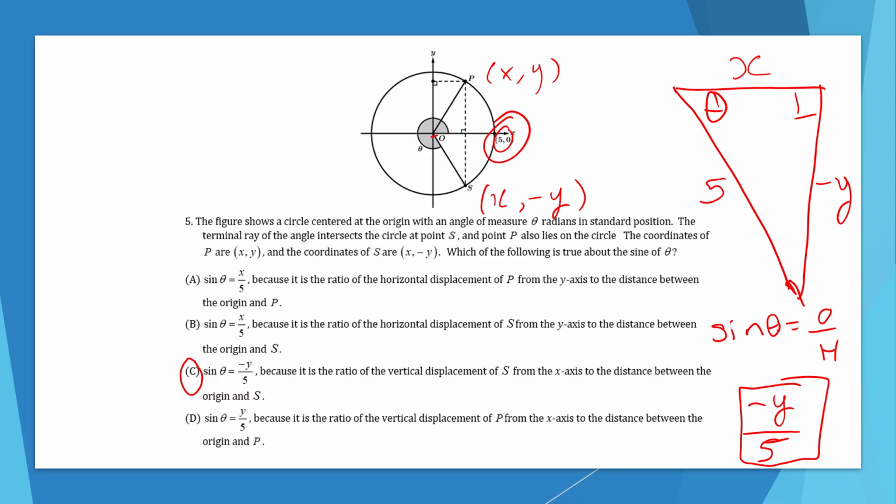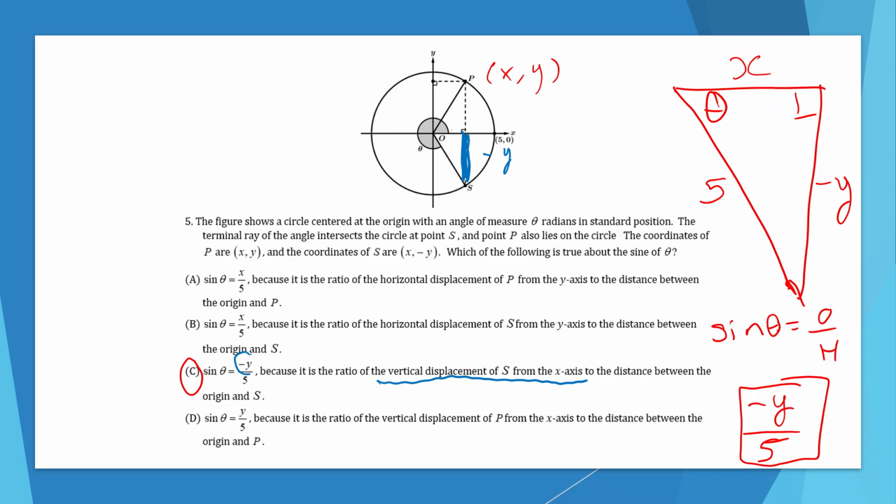So here, if we erase all this, sine of theta is going to be equal to -y over 5 because it is the ratio of the vertical displacement of S from the x-axis. That's going to be -y. So the vertical distance or displacement from S to the x-axis, that is our -y there. And then 5 right here, let me use maybe a different color for that.